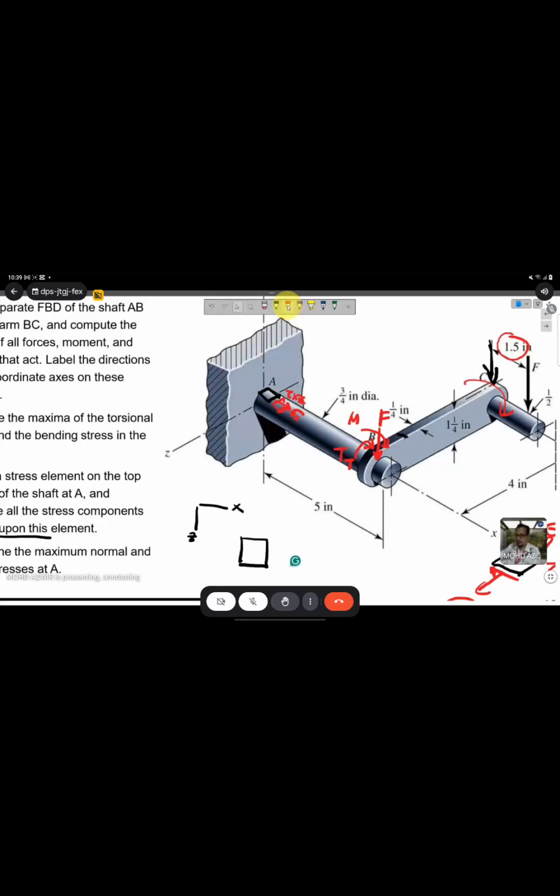You have stress in this direction, which is sigma x, and sigma x is the combination of F and the bending load. And then this one is also sigma x. And I have another shear in this direction, which is tau xz.